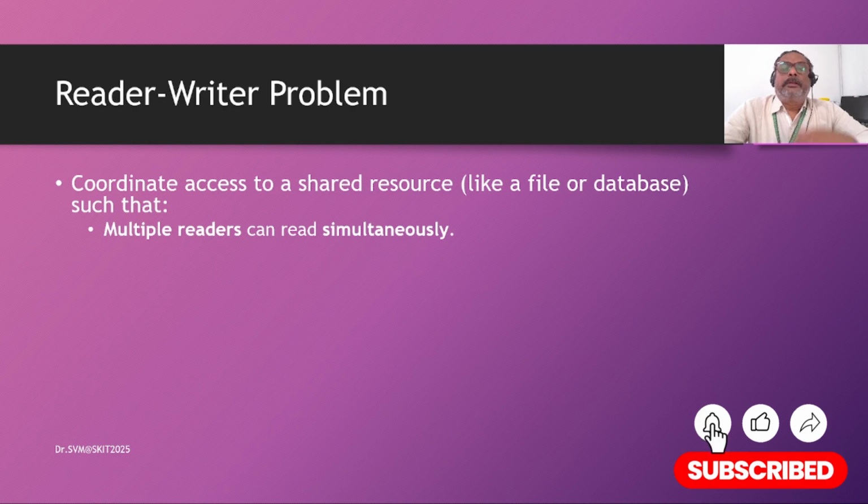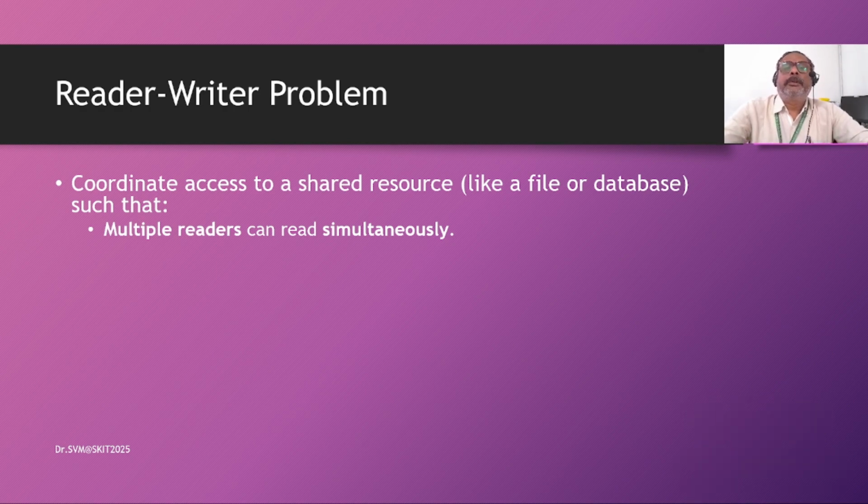If multiple processes are trying to read, we can give all of them a chance to read in one shot; otherwise we have to give one after the other, which unnecessarily wastes everyone's time and delays things. So we can allow parallel reading because they are not going to create any problem with the data.